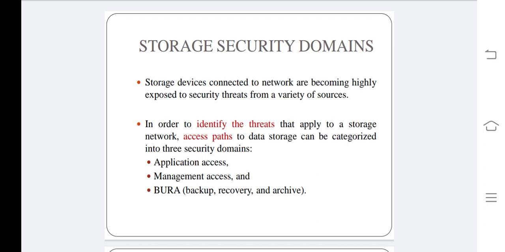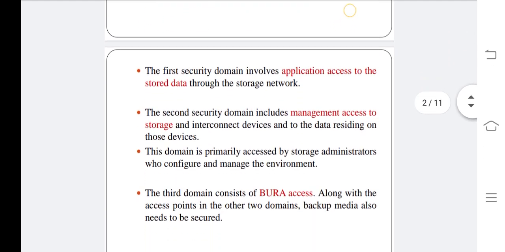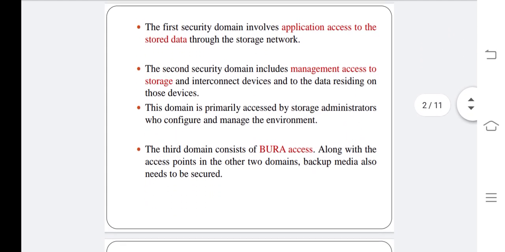In order to identify the threats, access paths to data storage can be categorized into three security domains: application access, management access, and backup, recovery and archive access. The first security domain involves application access to the stored data through the storage network.